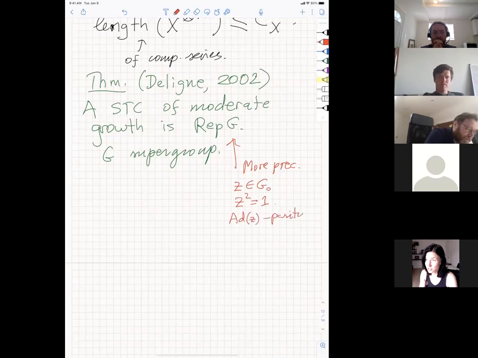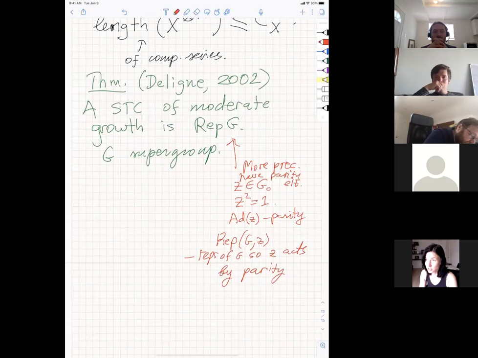So this is called a parity element. You have to fix a parity element in your supergroup, and then you should look at representations of G, Z, which means representations of G on superspaces so that Z acts by parity.